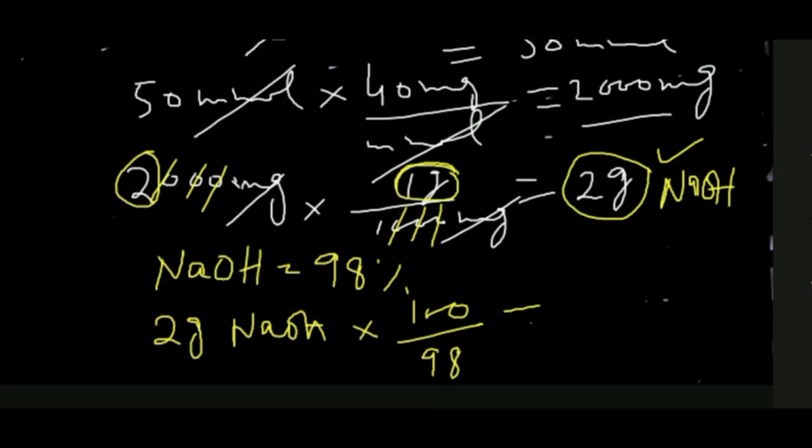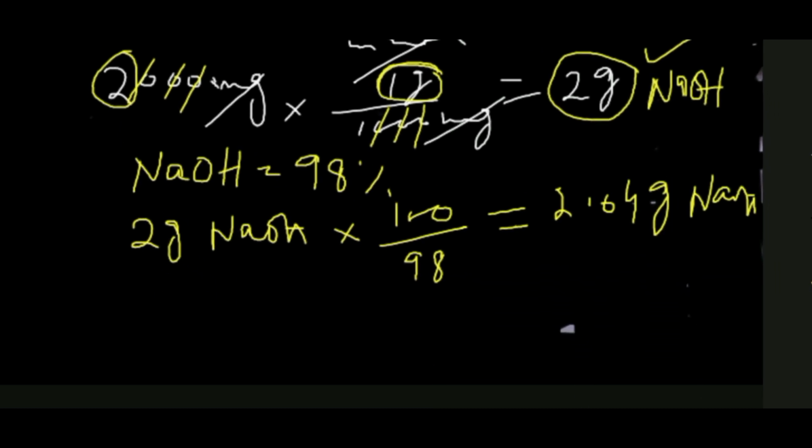If you multiply the 2 gram with 100 divided by 98, you get 2.04 gram of NaOH.